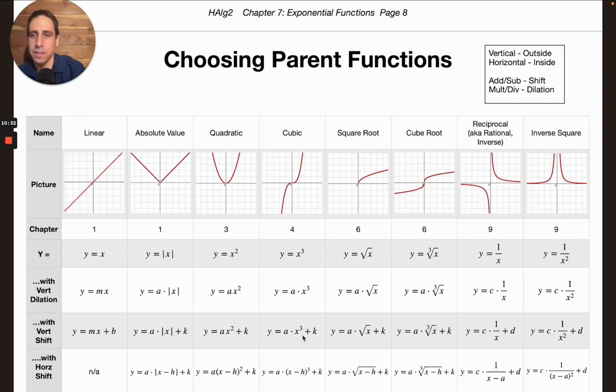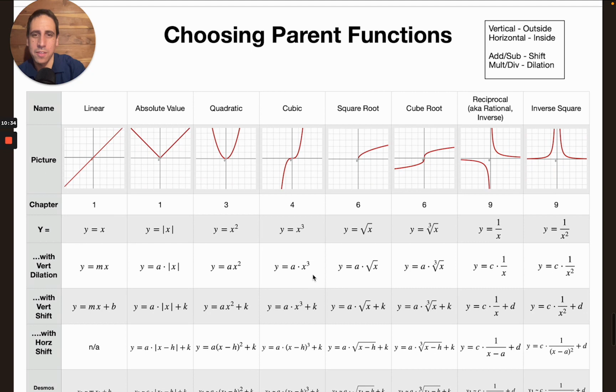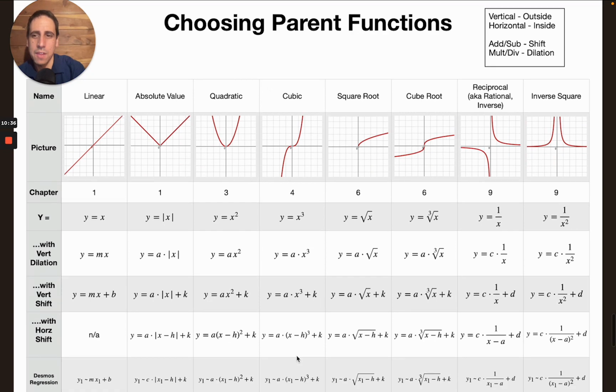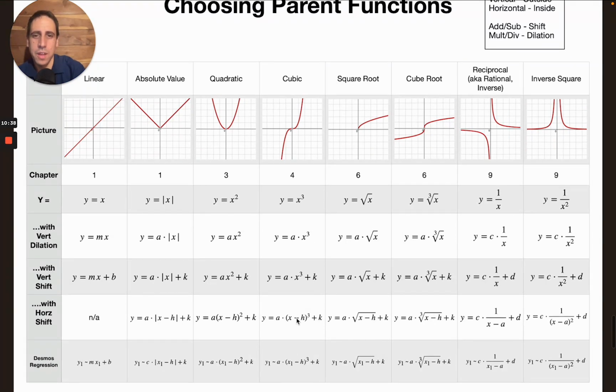If you wanted to allow for a vertical shift, you can add a plus k on the outside. And if you wanted to allow for a horizontal shift, you would add a minus h on the inside. So this is the formula for the vertex form of a cubic, or it's not exactly called vertex form, but this is what it could look like.